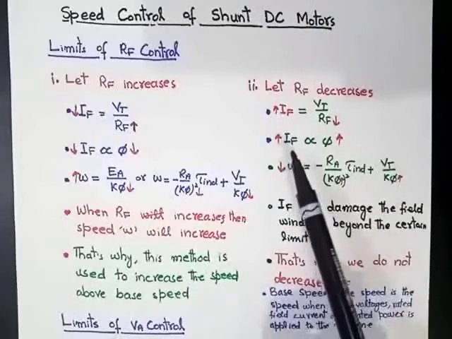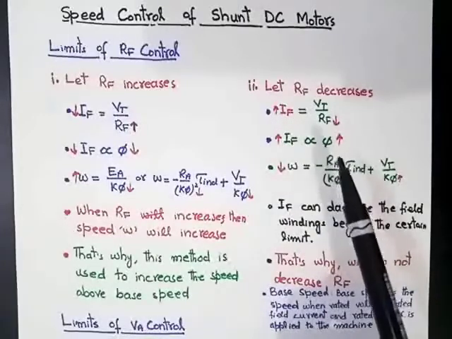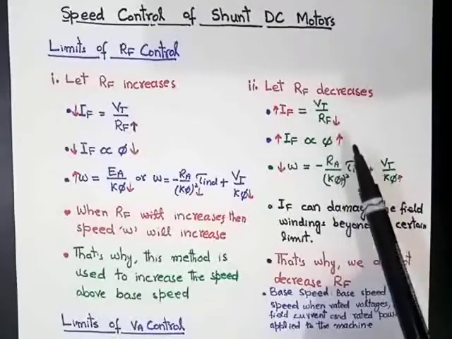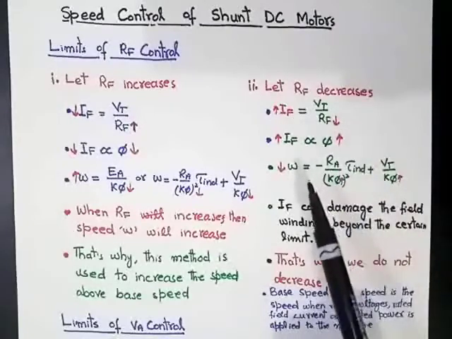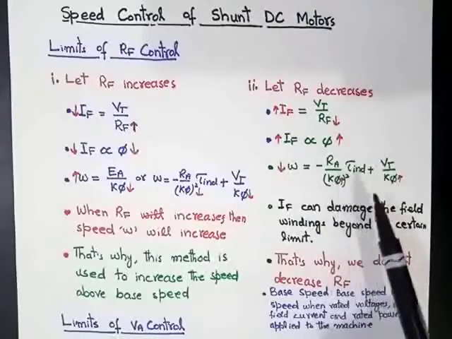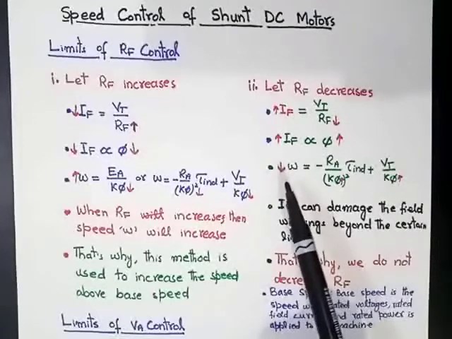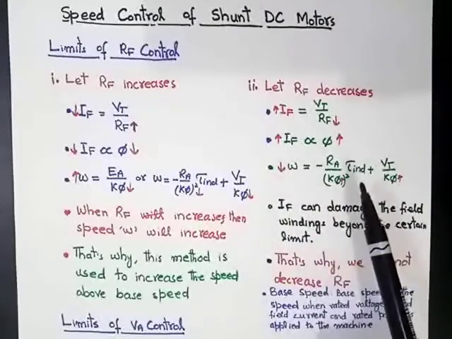When IF increases, the flux in the machine will increase as well, and according to the equation of the DC shunt motor, the speed of the motor will decrease.